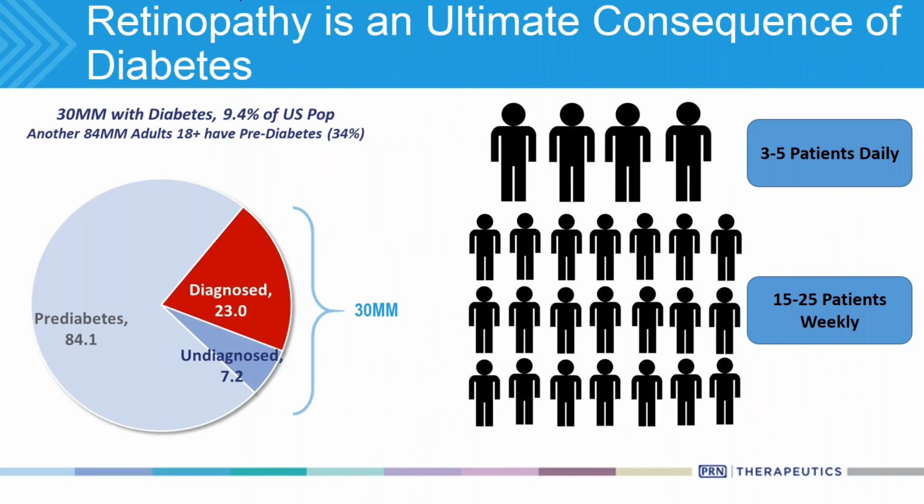But before I go there, you just heard about at least one of the epidemics of the 21st century, and it is the type 2 or insulin-resistant diabetic epidemic that follows the obesity epidemic.